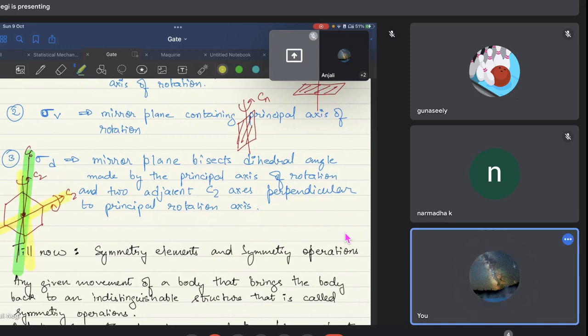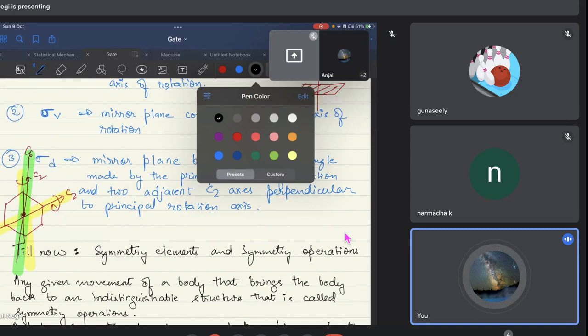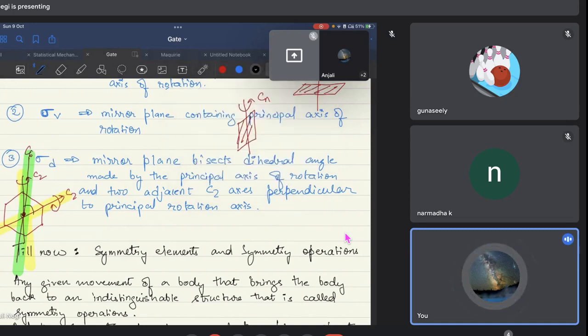There will be this angle, which will be bisected, so this is my plane.